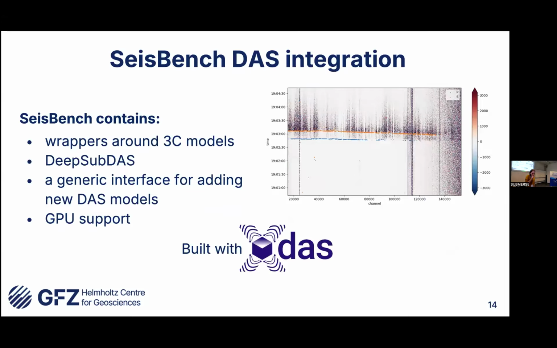Now, what I did recently is that I added these models to SeisBench. On one hand, I added a wrapper, which allows you to apply all of these three-component models to DAS. Then I added DeepSubDAS. And all of that builds on a generic interface, so that when there's a new model, you can just put it in and you automatically get the functionality to have this running.